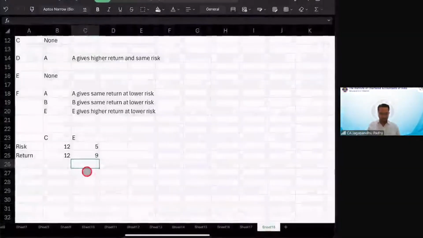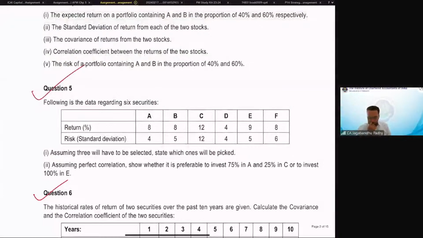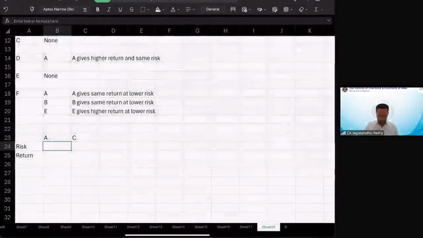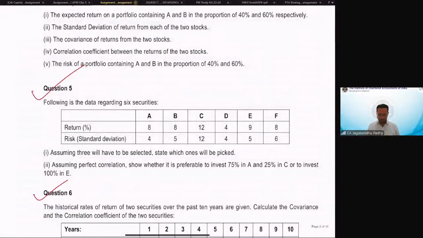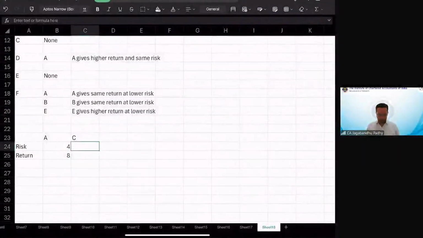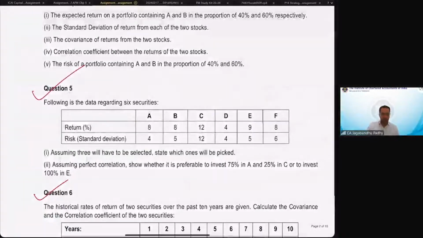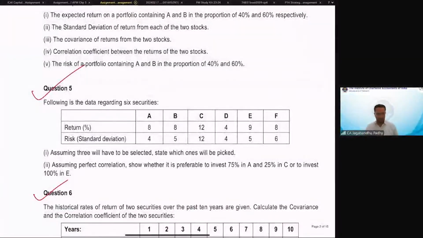Sorry. So this is not C and E. It's between A and C. The security A is having a risk of 4, return of 8, and C is having a risk of 12 and return of 12. So both A and C are definitely the efficient securities.